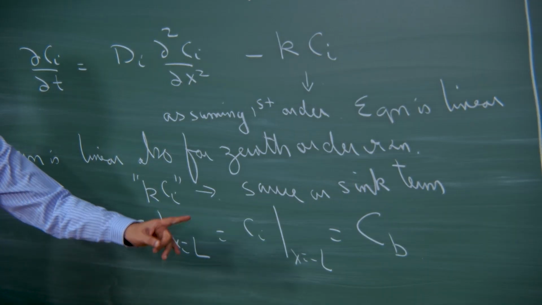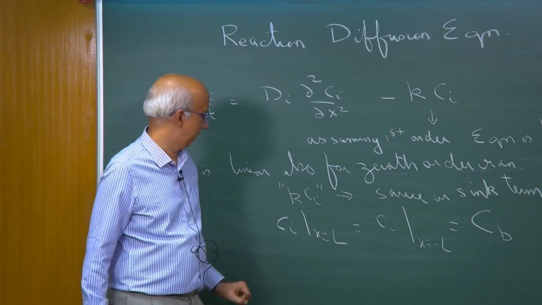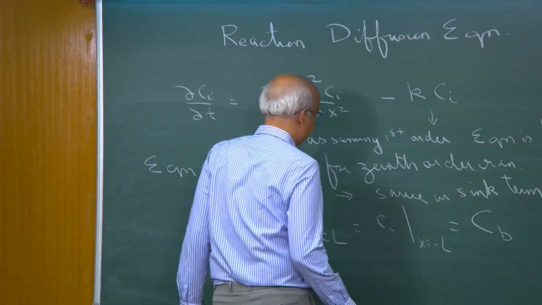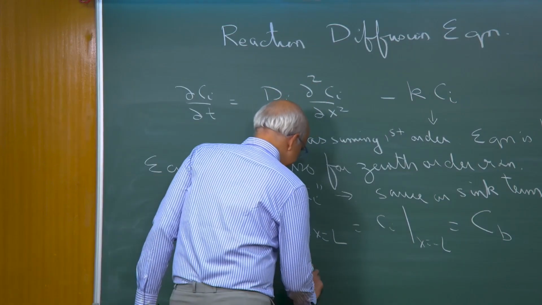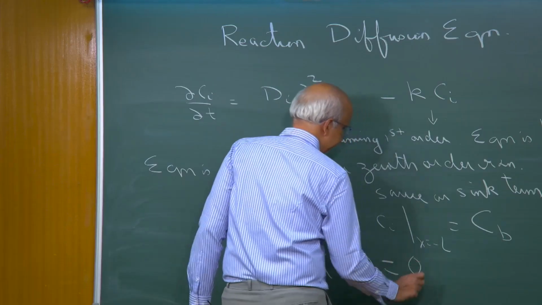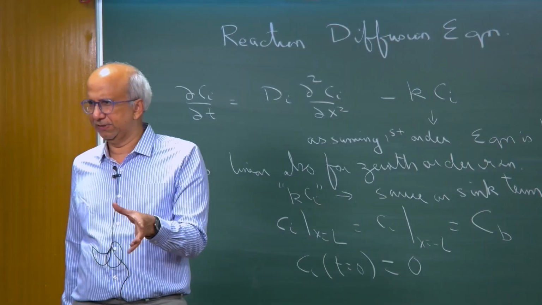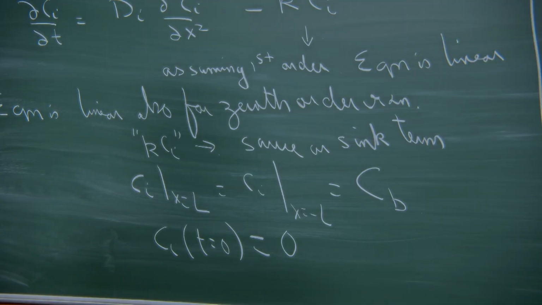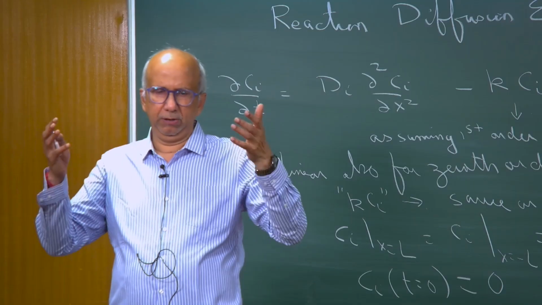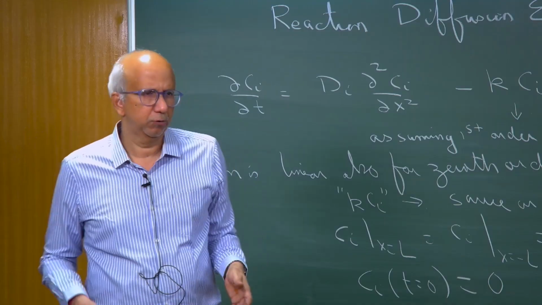This is the concentration of the reactant in the liquid, and Ci at time t equal to 0 is equal to, let us say, 0. Initially there is no reactant inside the pellet. Now the liquid is flowing around it with the concentration C bulk.